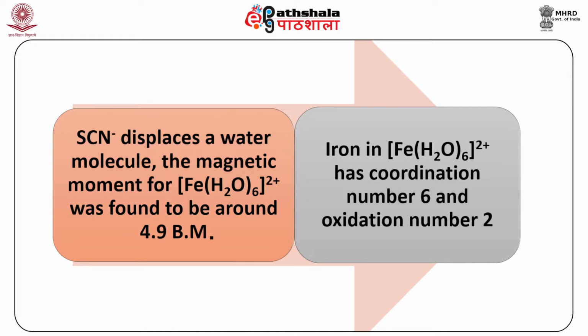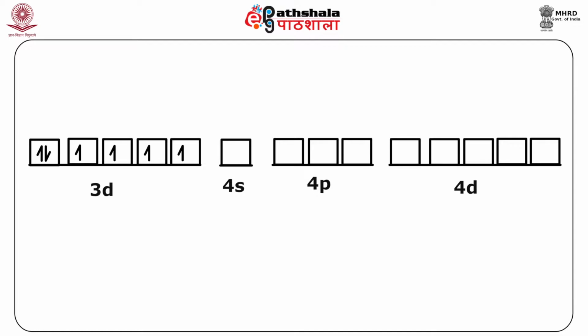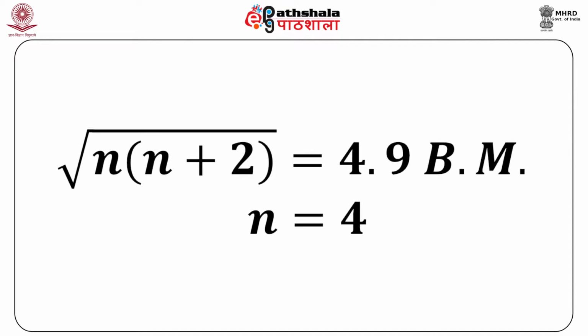The magnetic moment for [Fe(H2O)6]2+ was found to be 4.9 Bohr magneton. Iron in [Fe(H2O)6]2+ has coordination number 6 and oxidation number 2. So, you can see the orbital picture of iron in [Fe(H2O)6]2+. From the magnetic moment value, it is clear that the total number of unpaired electrons in the complex is 4.